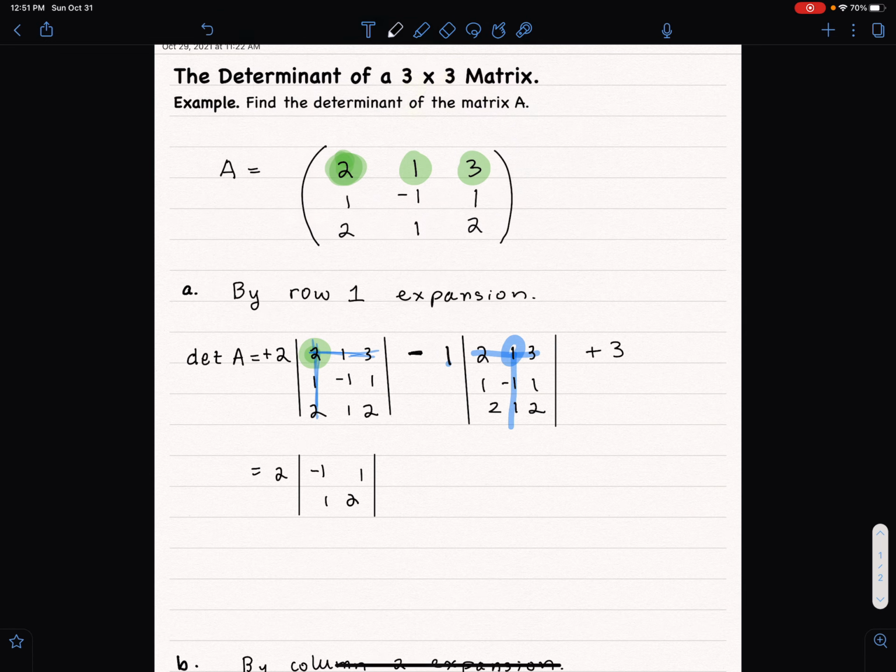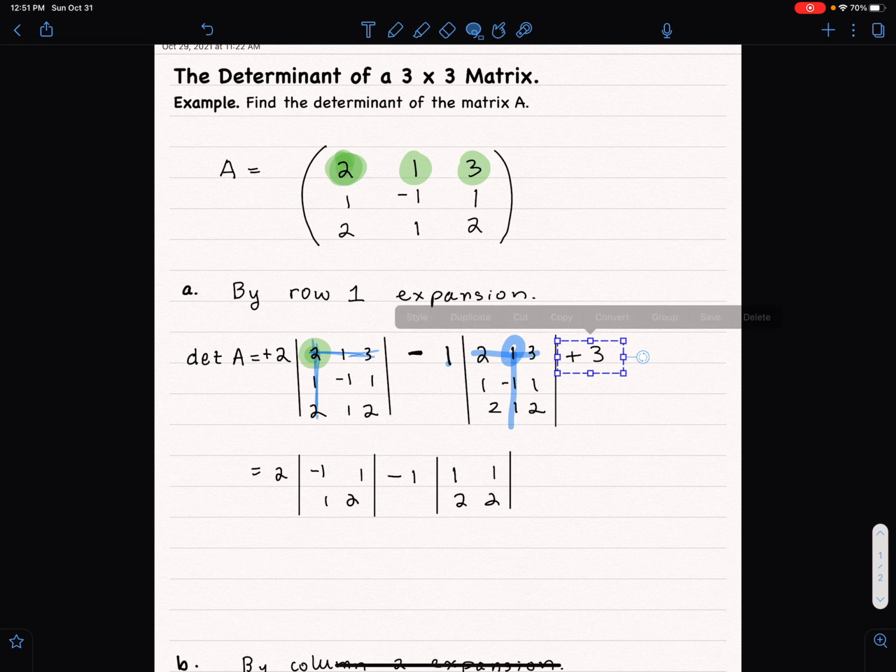So this is minus 1 times the 2 by 2 matrix, 1, 1, 2, 2. So again, I have this 1, that's right here, and then I cross out the row and column that has the 1, and I have the matrix that results from that.